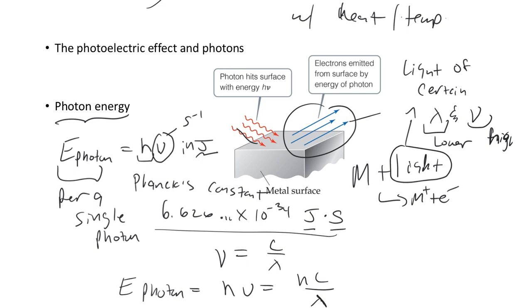And what this allows us to see is that if you go to a higher frequency, the photon energy goes to a higher energy. And if you go to a lower wavelength, then you go to a higher photon energy. So as the photon's wavelength decreases, its frequency therefore has to increase, and those events lead to a higher photon energy.